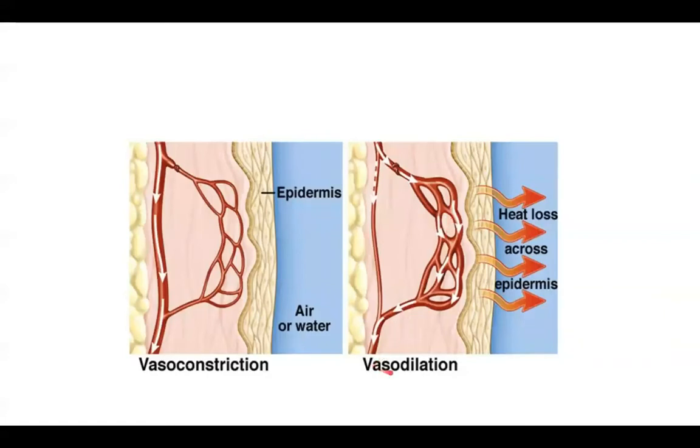When they increase in their diameter, more blood flows through the blood vessels here. More blood flow means more heat is lost by conduction, convection, and radiation, thereby lowering the body temperature. So the blood flow here helps to reduce body temperature. So vasodilation is a preferred method of heat loss in summer season.